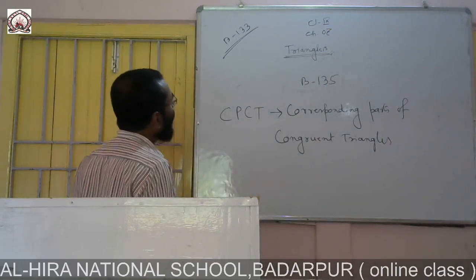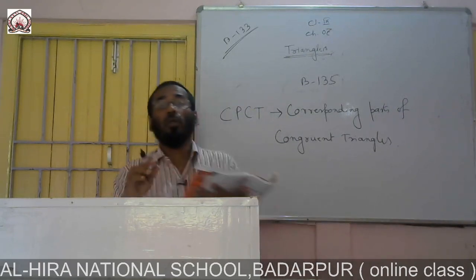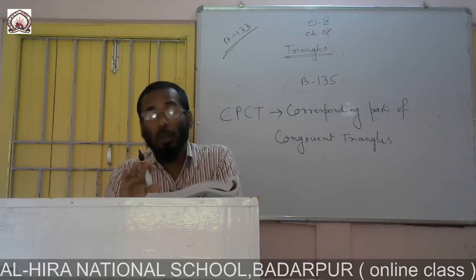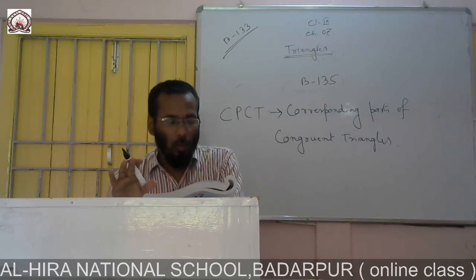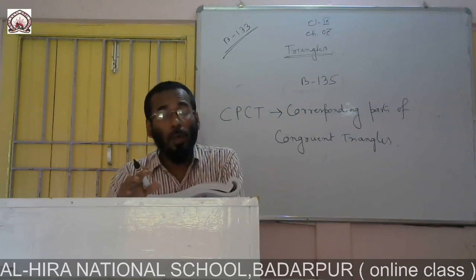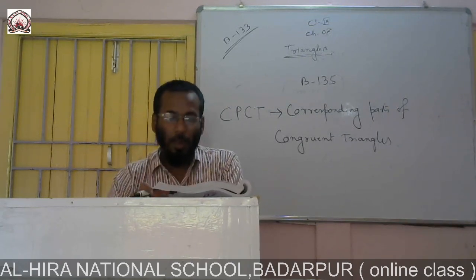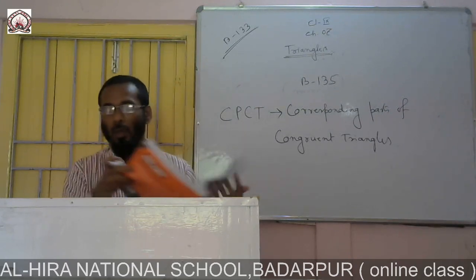CPCT means corresponding parts of congruent triangles. The most important thing in this chapter is CPCT. Now, there are 4 properties of congruence.